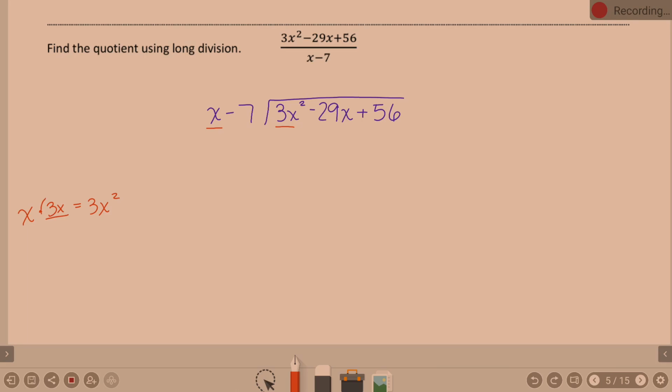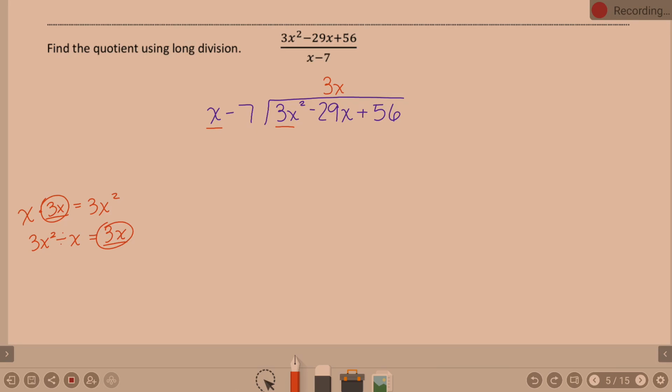Yes? And again, as I said, if you don't like it, can you turn it into division? Yeah, 3x squared divided by x is 3x. Okay, where do I put that 3x? It goes above the 29x. That's its like term, yes? I'm dividing by 2 terms, so I'm going over the second term. What do I do now after I put the 3x up there?